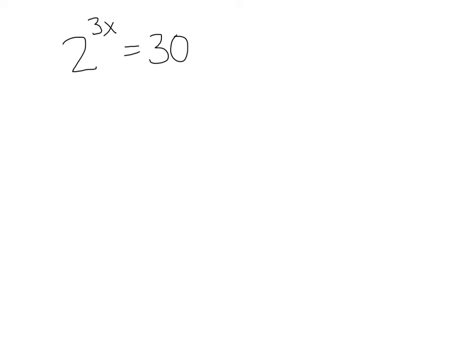Now this one's a little bit trickier. We have 2 to the power of 3x equals 30. Since my exponential is already isolated, and I know I can't write 30 as 2 to the power of something, I'm going to convert it to logs. So I have the log base 2 of 30 equals 3x.